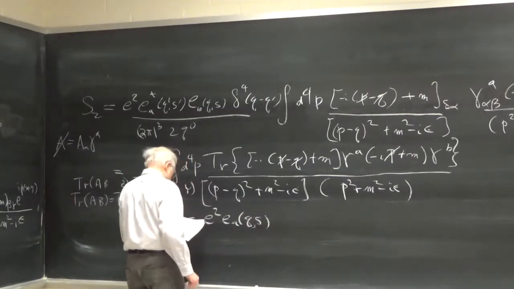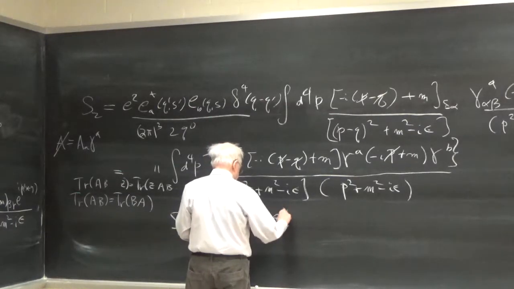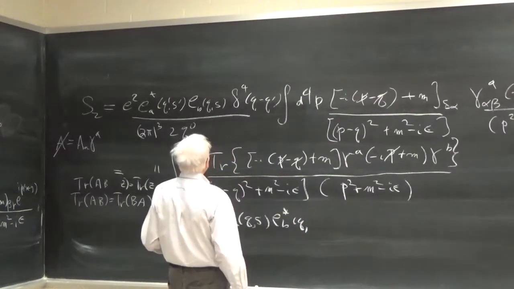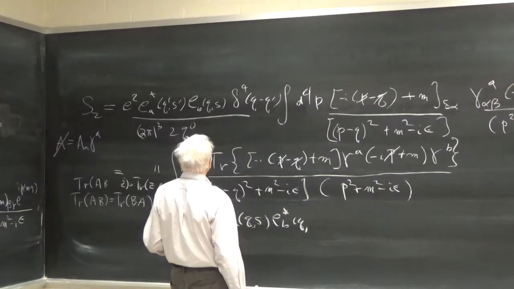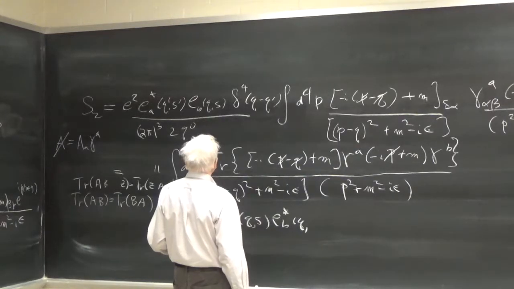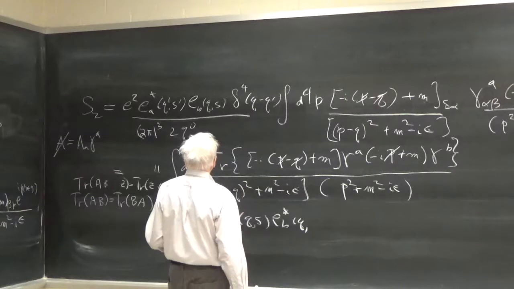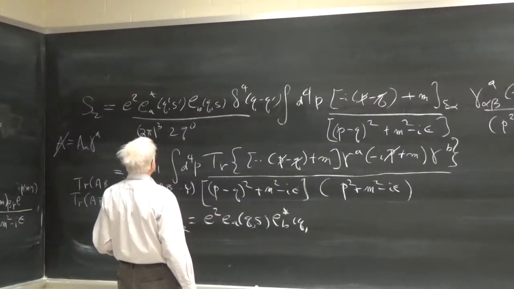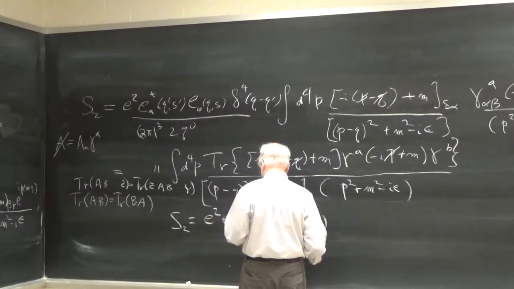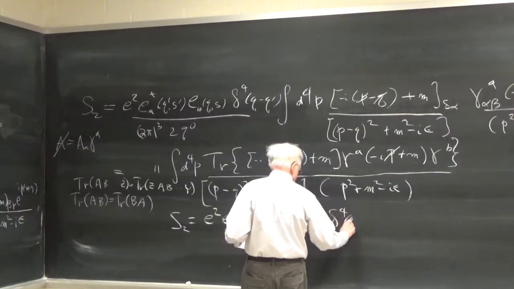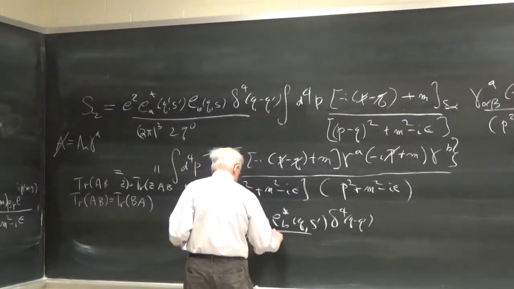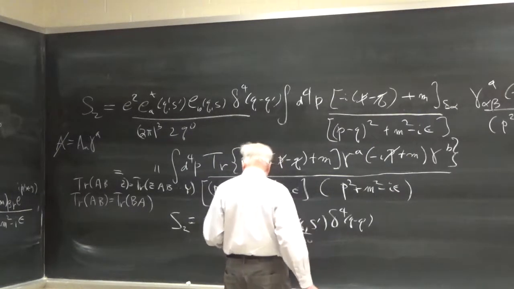So I'm interchanging A and B, and I might as well set Q equal to Q prime, e B star, and I'm going to set S equal to S prime. I think that comes about automatically. Delta fourth of Q minus Q prime over again 2 pi cubed 2Q0.